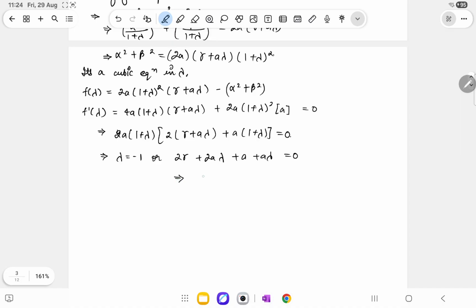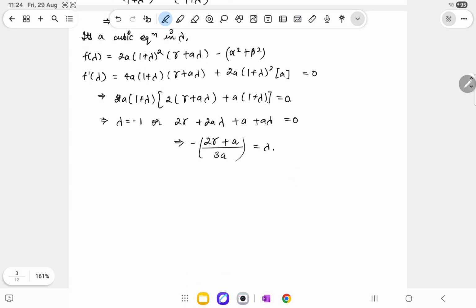If I simplify it, I'll get lambda is equal to minus 2 gamma plus a upon 3a. So I got two values of lambda: either lambda is minus 1 or lambda is minus 2 gamma plus a upon 3a.